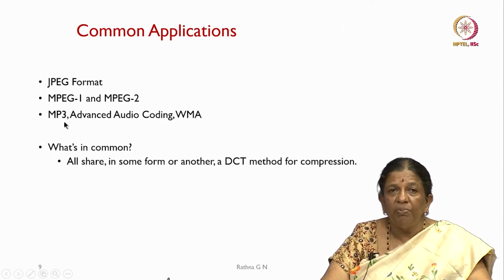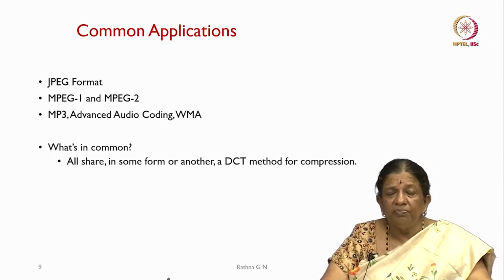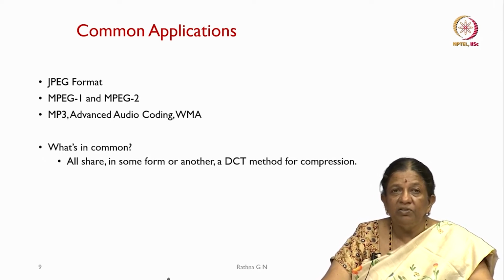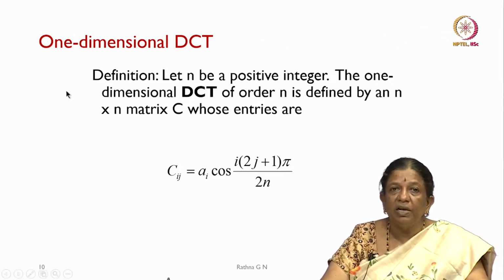MP3 is for audio, and even advanced audio coding and WMA mostly use the DCT method for compression. That is what is common in all these applications: the DCT coming into the picture. Now we will see a little bit on the one dimensional DCT, how it looks.